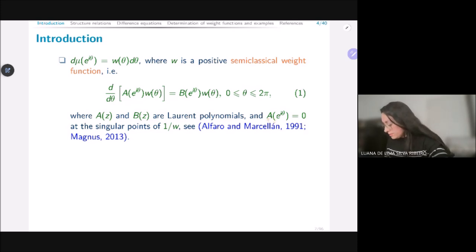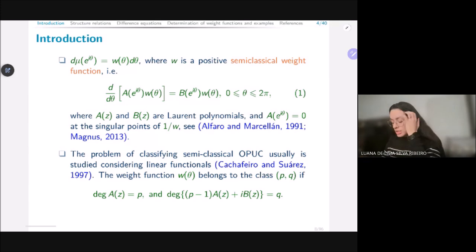And also A vanishes at the singular points of one divided by the measure W. This is a general definition that can be found, for example, in Alfaro and Marcellán, and in Magnus.